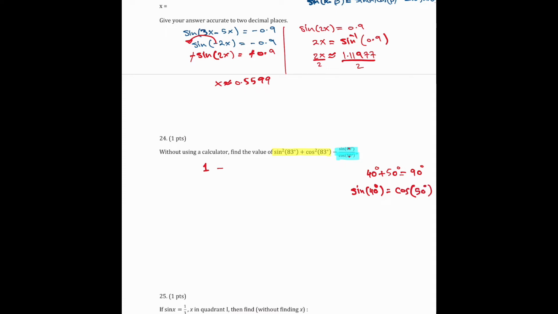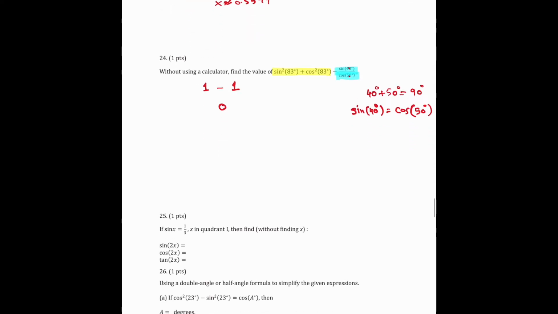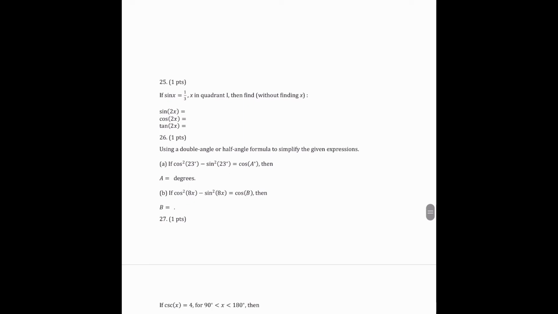So those are equivalent, which means the answer for that is 1. If you divide an amount by itself or by an equivalent amount, the answer is 1. 1 minus 1 is 0. So the answer for number 24 is equal to 0.